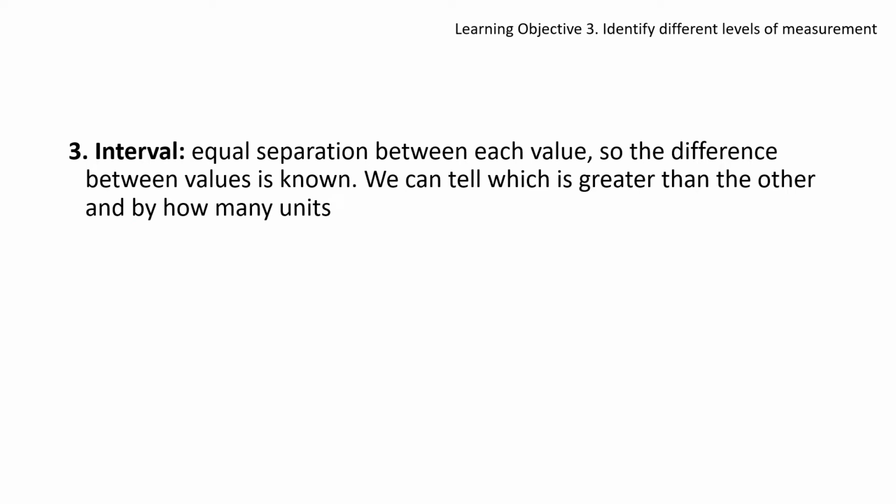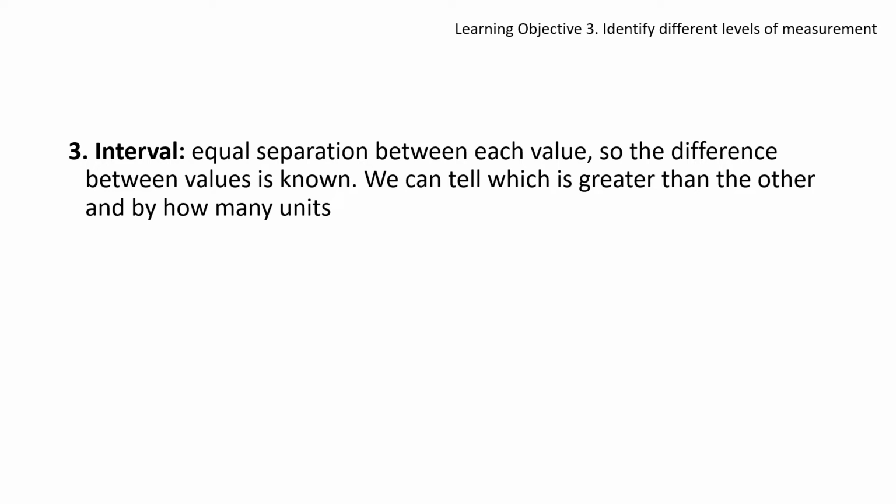The next level of measurement is interval. So now we've taken that ordinal, but now the separation between each value is equalized, meaning the distance between each value is the same. So the difference between the values is now known.